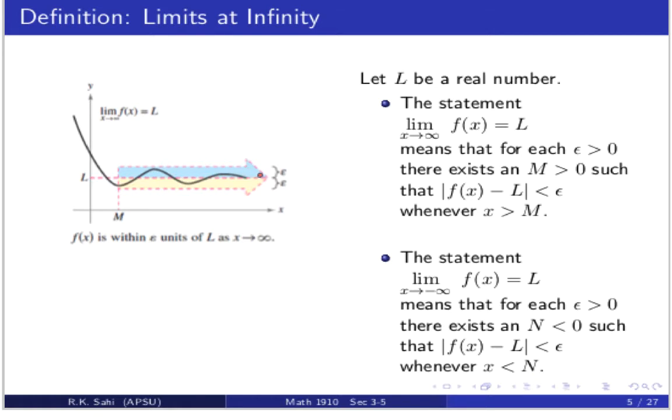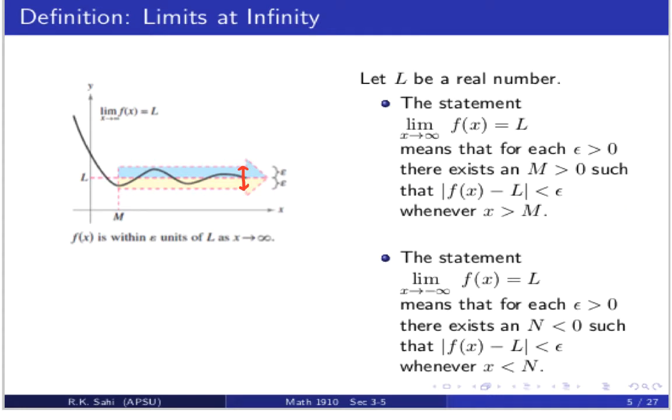The black curve here is the function, and as my x goes bigger and bigger, the distance between the function and L is becoming smaller and smaller. That's less than epsilon. Similarly, if x is approaching negative infinity, that means for epsilon greater than 0, there exists an N such that the distance between f(x) and L is still less than epsilon whenever x is less than N.